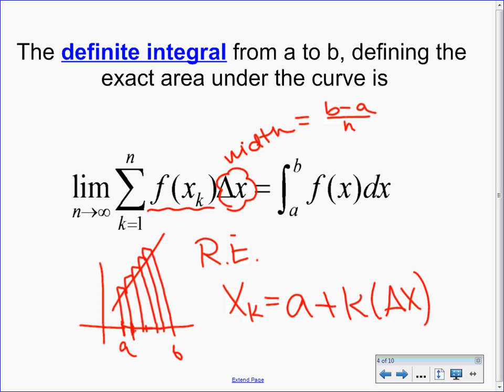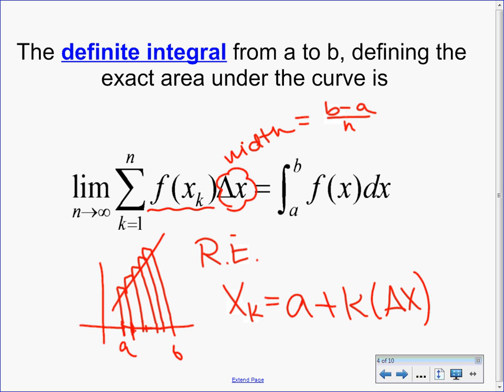Whatever number of rectangle we are on, that's how many widths we are from A. Does everybody see that? Does anybody need me to explain that again?